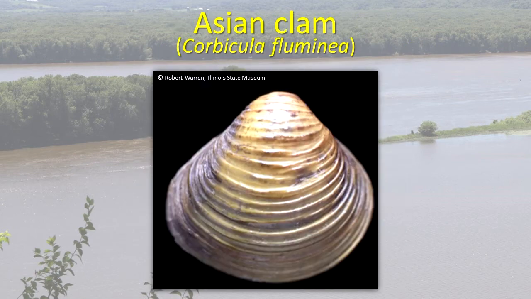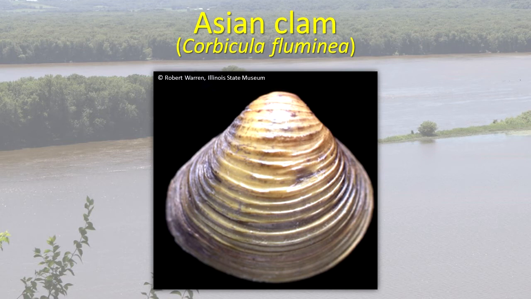The Asian clam was introduced to the west coast of the United States in 1924 by Chinese immigrants to use as a food source. This species spread eastward through its use in aquariums and as bait. By the 1970s, the clam had reached the Mississippi drainage basin in Illinois. This species competes with native clams for resources and causes problems in irrigation canals and pipes, drinking water, power plants, and other industrial systems.